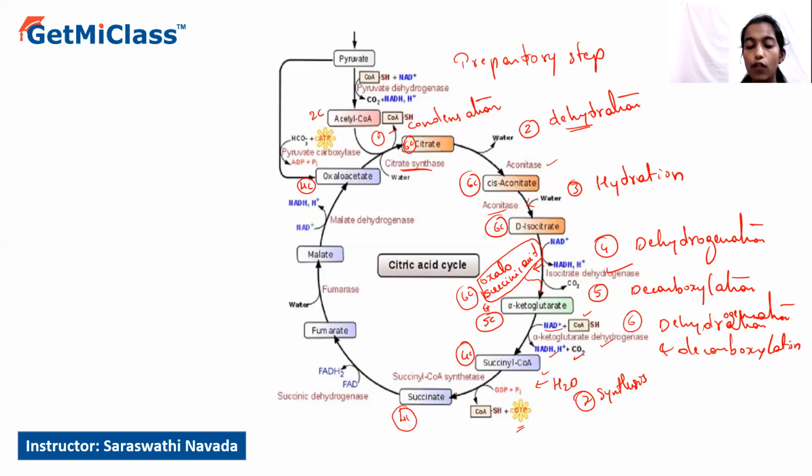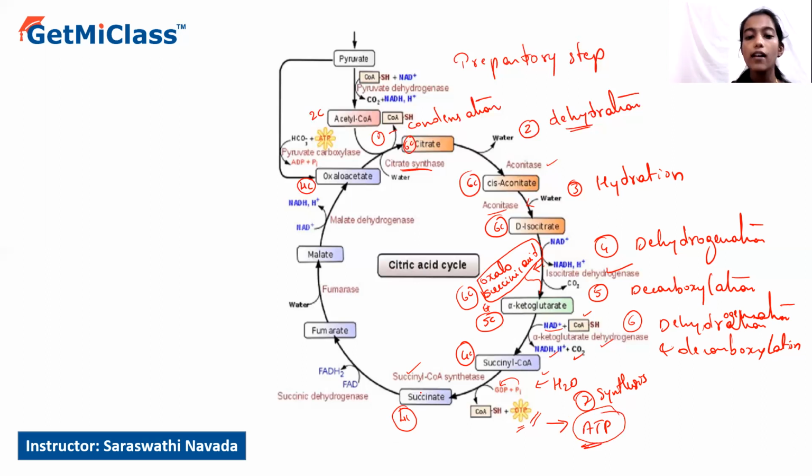This succinic acid formation is catalyzed by the enzyme succinyl coenzyme A synthetase. And here, as coenzyme A is removed from the succinyl coenzyme A, the energy released during this process is sufficient to add a phosphate to the guanosine diphosphate, resulting in the formation of guanosine triphosphate. And this guanosine triphosphate can directly form adenosine triphosphate, or ATP, later in the mitochondrial matrix. That's why this particular step is coupled with the synthesis of an energy-rich compound.